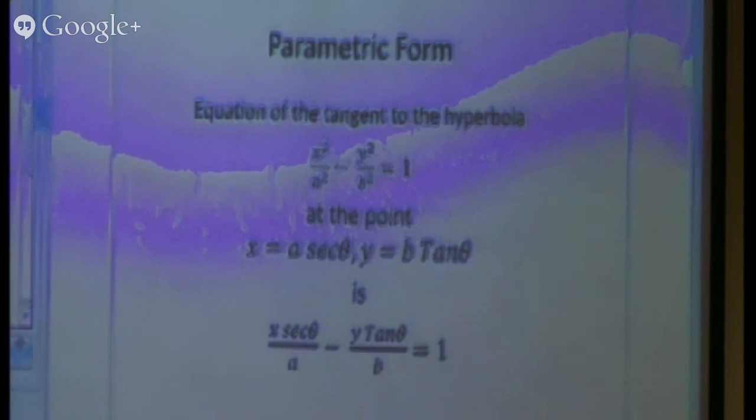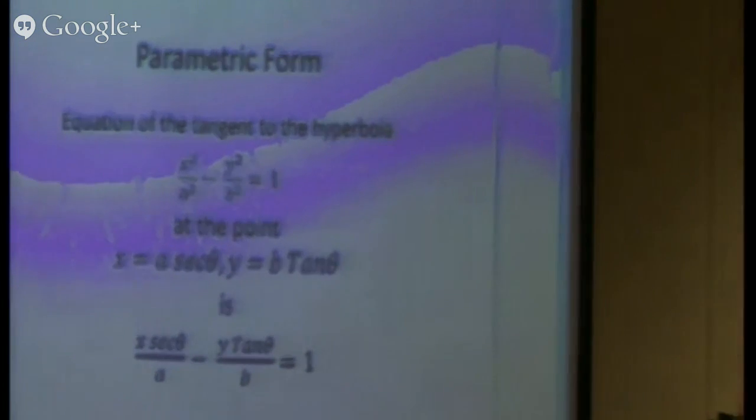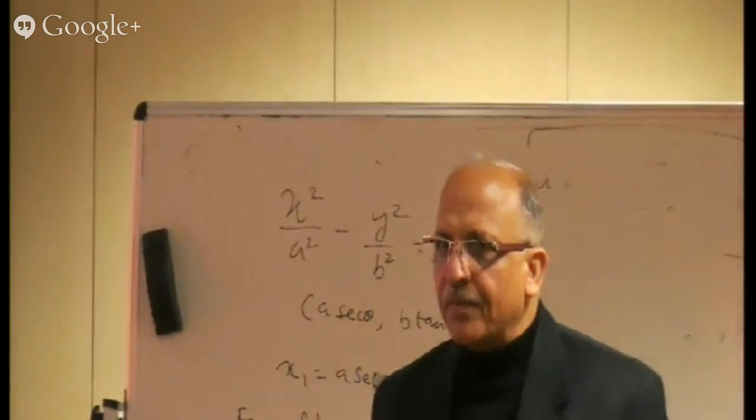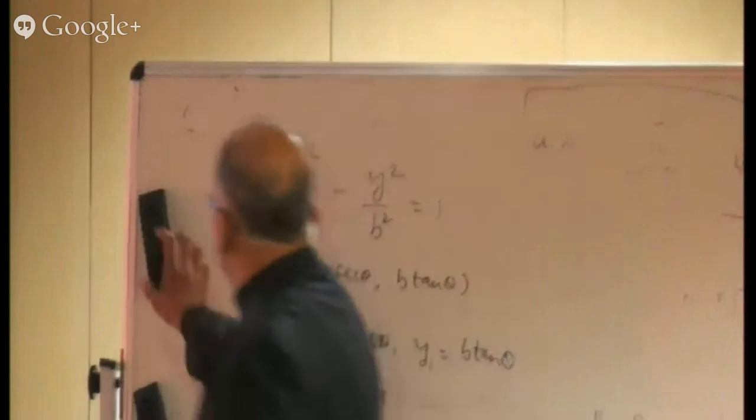Now on this, a number of questions can be asked. If you are given that there is a point on a given hyperbola with parameter pi by 4, suppose you are given parameter pi by 4 and the hyperbola is also given, how will you write the tangent?